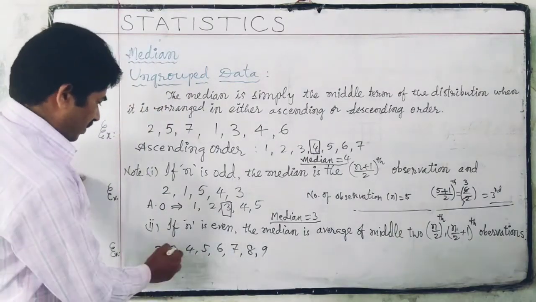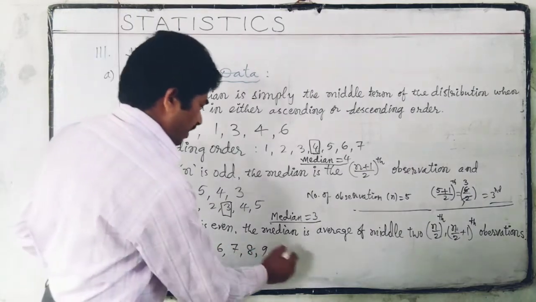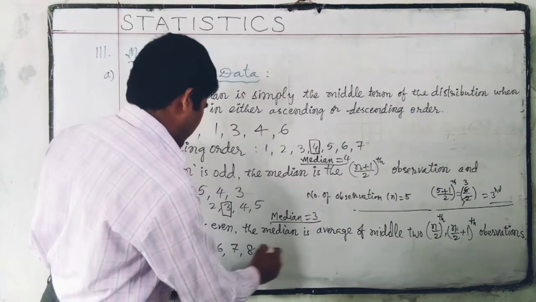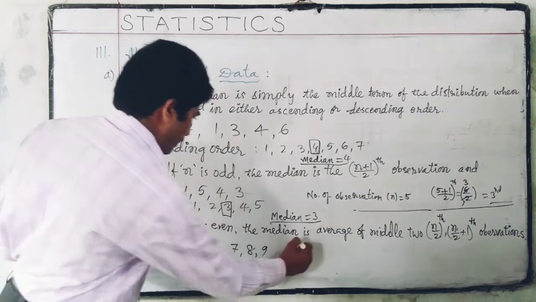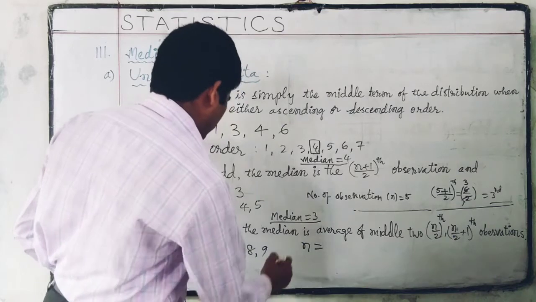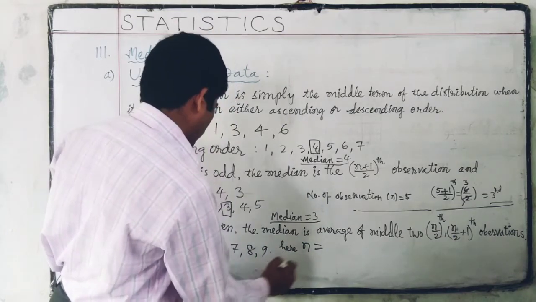Here we have 1, 2, 3, 4, 5, 6, 7, 8, even observations. So n is equal to 8.